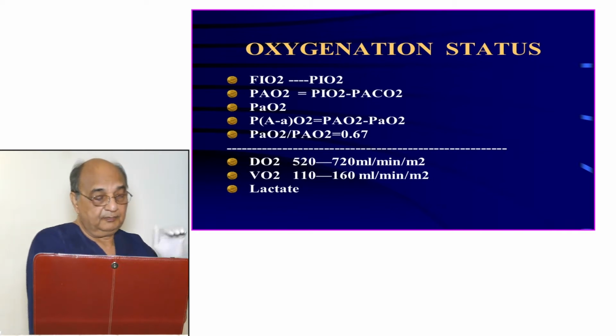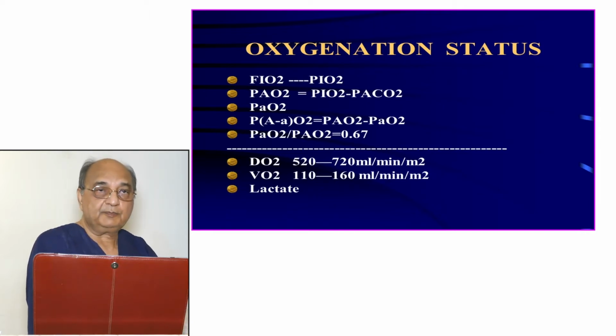Then the oxygen passes through the alveolar capillary pathway into the plasma and exerts its pressure there, which is called PaO2. Under that pressure, this oxygen combines with the hemoglobin, and that is called percent saturation of hemoglobin.